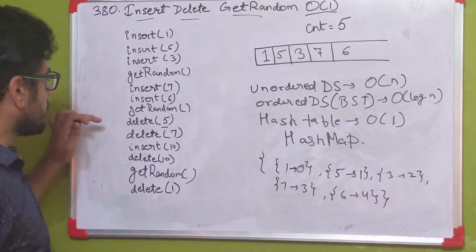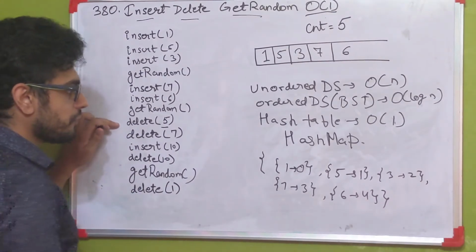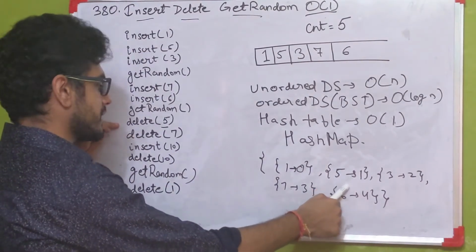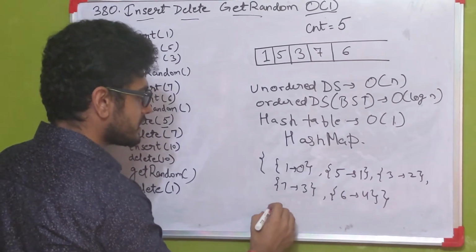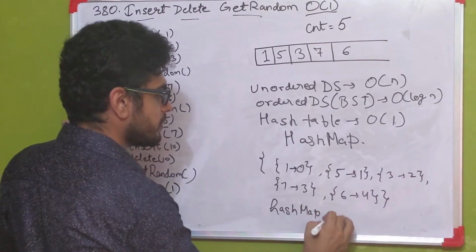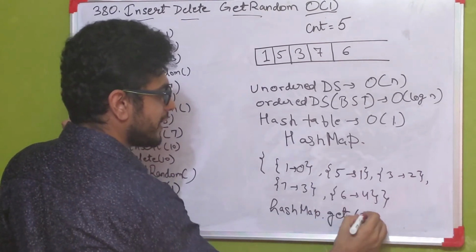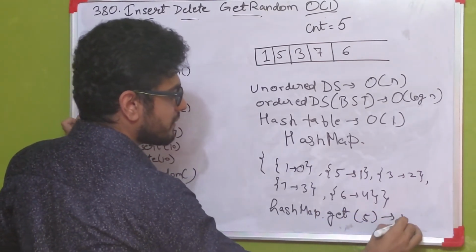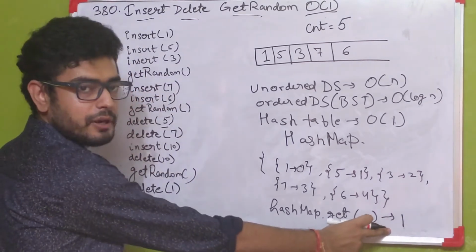Now when we need to perform a delete operation, we access our hash map and see what value is stored corresponding to 5, and this gives us the correct index in just O(1) time complexity.